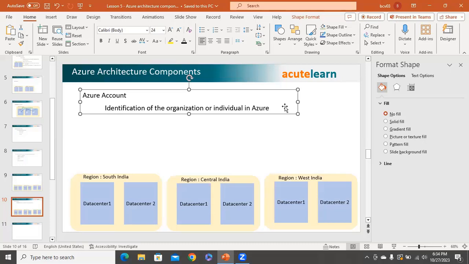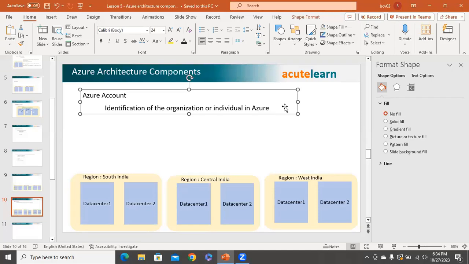So now Microsoft, before providing access to you, says create an Azure account. And it says, hey, who are you? From which geographical region are you? What is your email ID? What is your phone number? And basically, what is your company name? What are your taxation details?